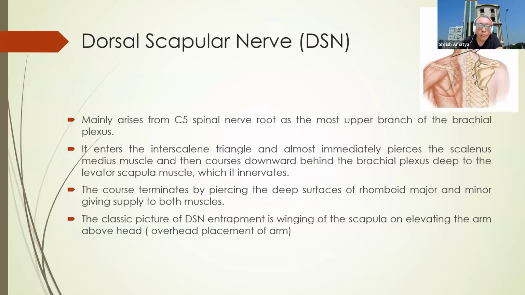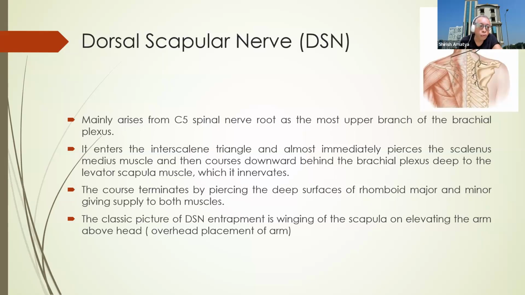As soon as it emerges into the interscalene triangle, it immediately pierces the scalene medius muscle, and it courses downward and behind the brachial plexus, and it supplies the levator scapulae muscle, as well as the rhomboid major and minor muscles.